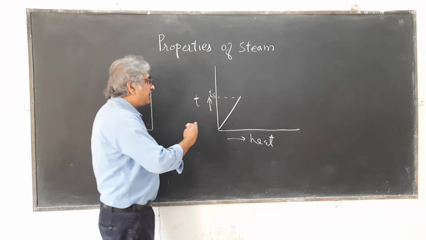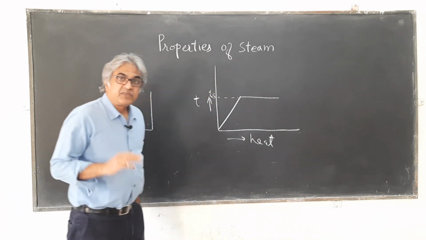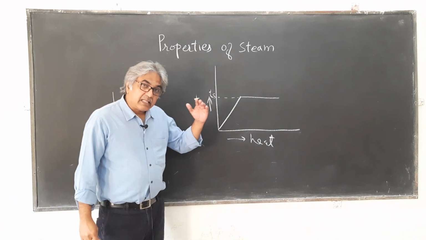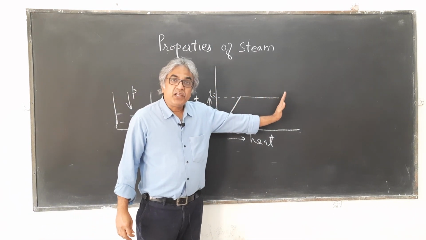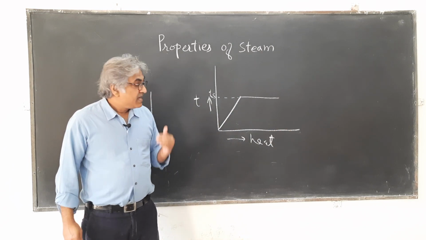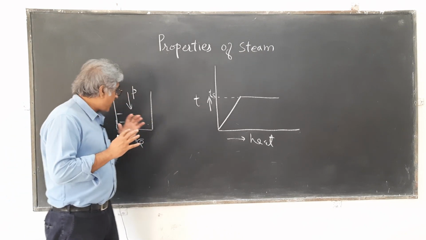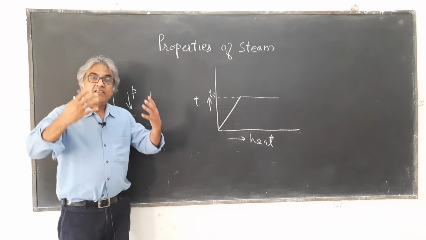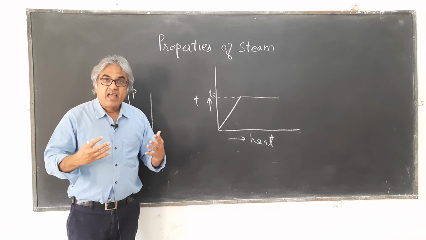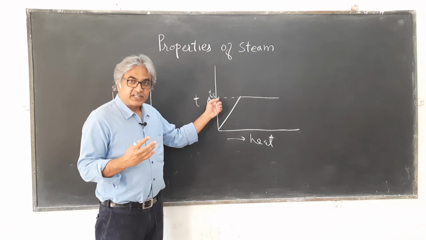You continue heating beyond this, the temperature will be constant, and during this process boiling is taking place and water is getting converted into steam. Now there will be a stage at which the entire mass of water would have been converted into steam, and that steam will also be at saturation temperature.